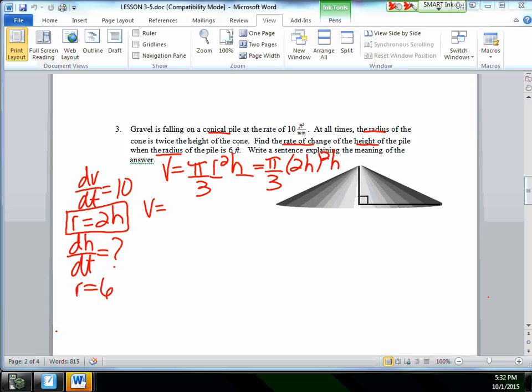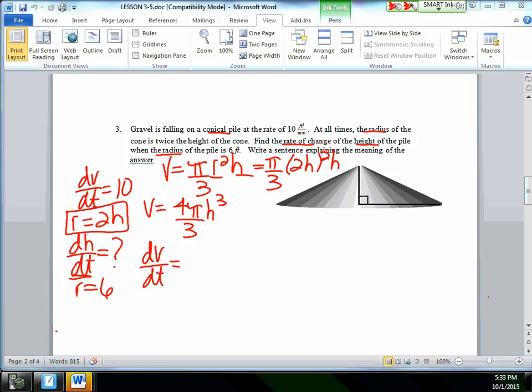So volume now is 4 pi, just brought the 4 out front, don't worry, over 3 h cubed. Now this is looking better because I'm down to the variables I'm wanting and looking for. So now we're good to take the derivative. The derivative of v is dV/dt equals, now take the derivative of h.